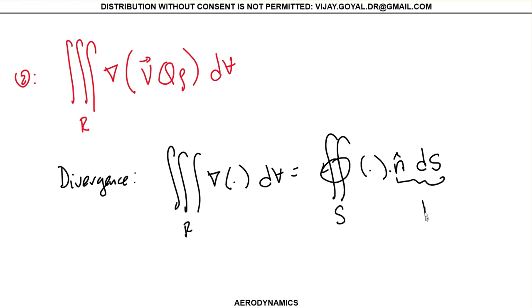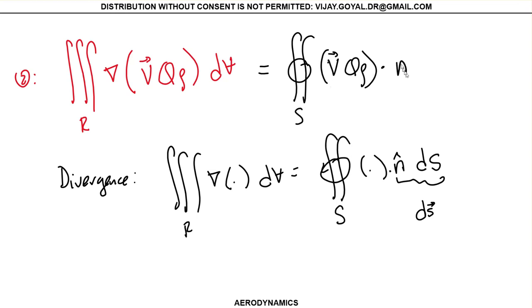This is nothing else than the area vector; we typically express it like this. So if I apply this rule here, this is equal to the double integral over the enclosed surface of V times Q rho dot n dS. So that is the second expression.